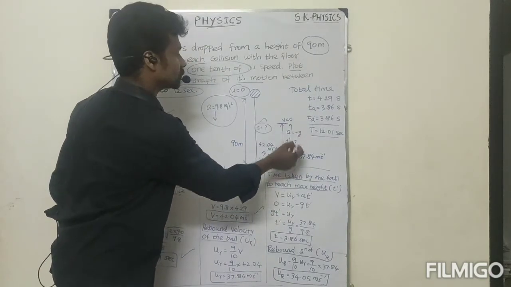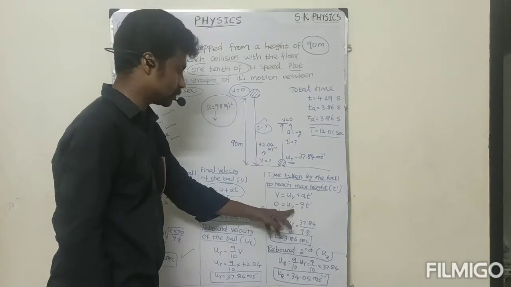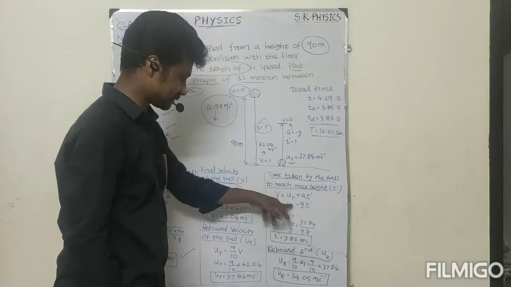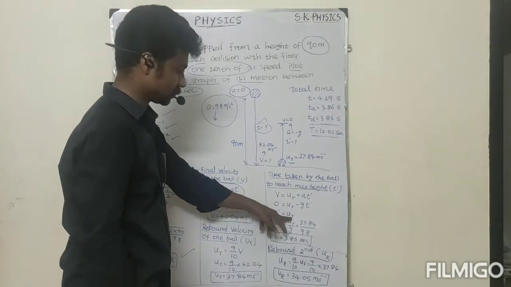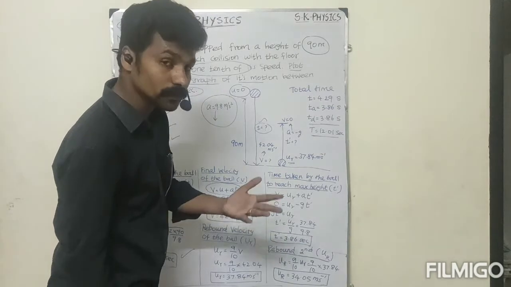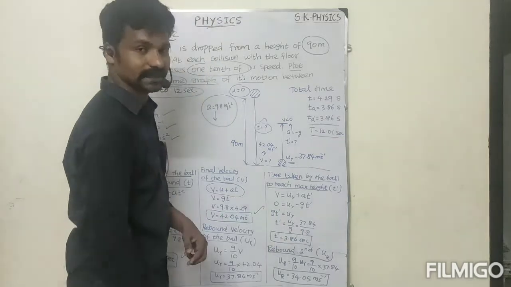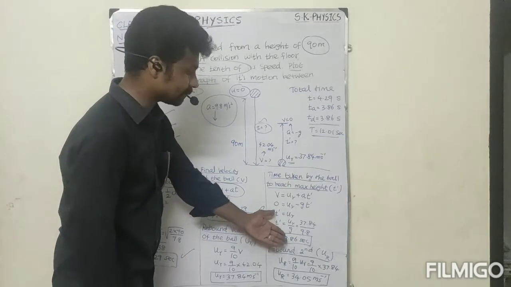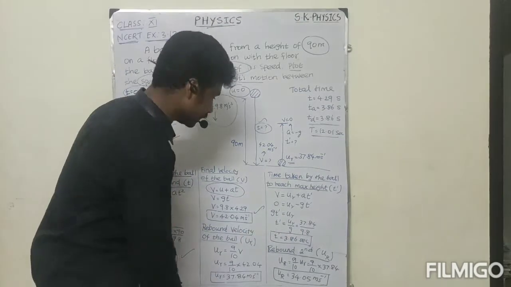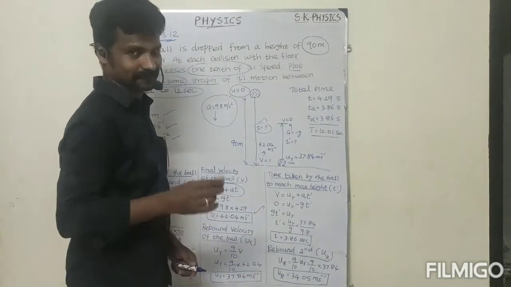So minus gT dash coming this side, gT dash is equal to UR. Therefore T dash is equal to UR divided by g, which is 37.84 divided by 9.8. So we get 3.86 seconds. In 3.86 seconds, it reaches the maximum height.